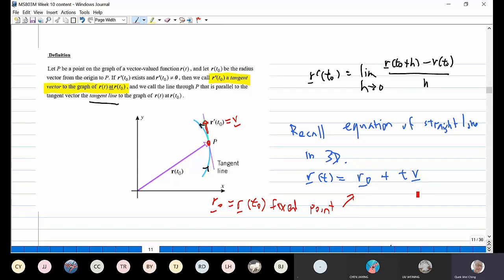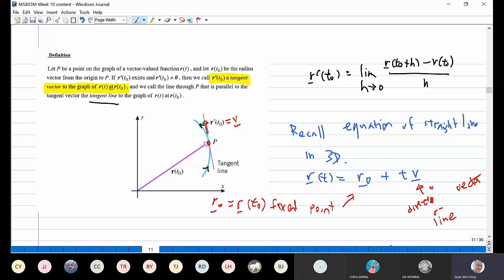It is the direction vector of a straight line. Let me write properly here: this is the direction vector. It doesn't need to be a unit vector, but it tells people what the direction is.